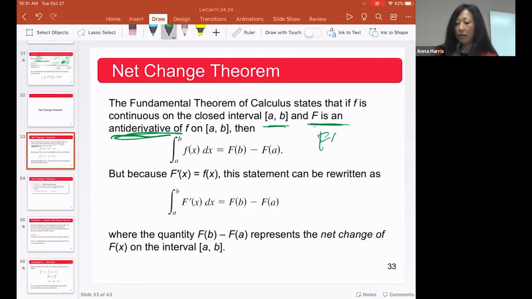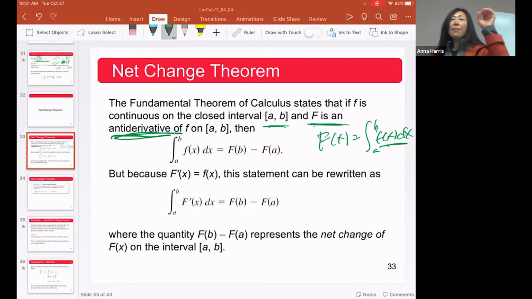So I get this when I take the antiderivative of this function.